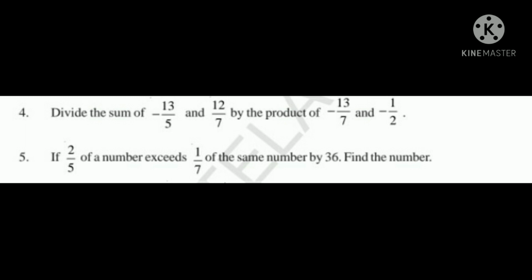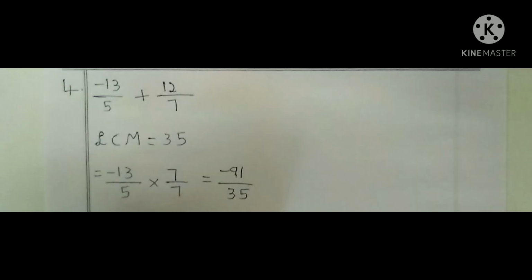Now let us see the fourth question. They gave: divide the sum of minus 13 by 5 and 12 by 7 by the product of minus 13 by 7 and minus 1 by 2. Now let us solve it. Minus 13 by 5 plus 12 by 7.